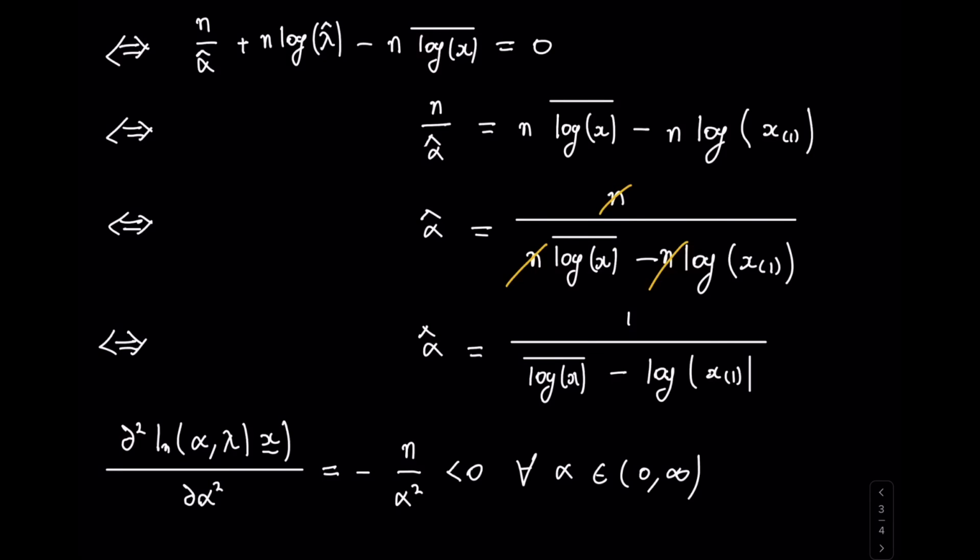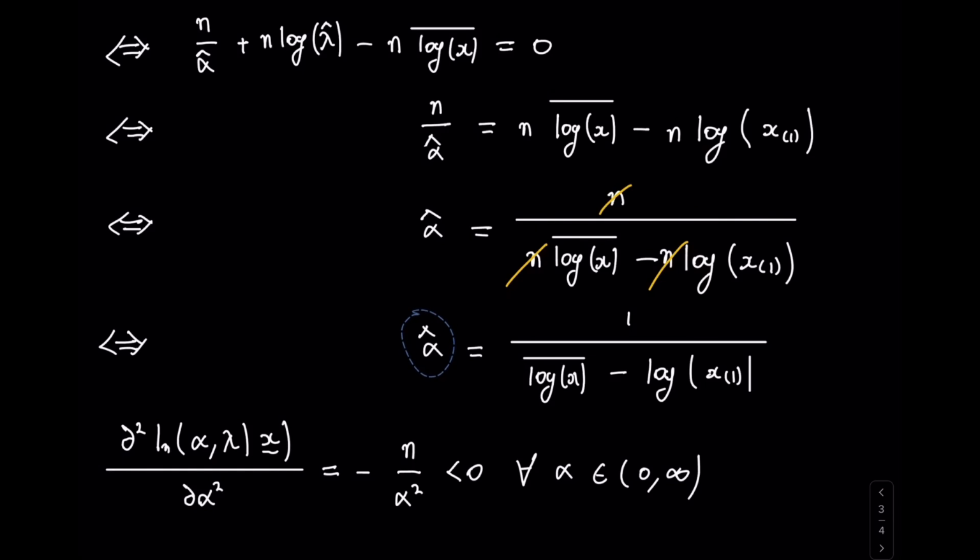It's actually true for all values of alpha on the real number line, excluding 0. But alpha, our parameter, can only take values between 0 and infinity anyway. So I've written it as such, and that proves that alpha hat is in fact a local maximum.